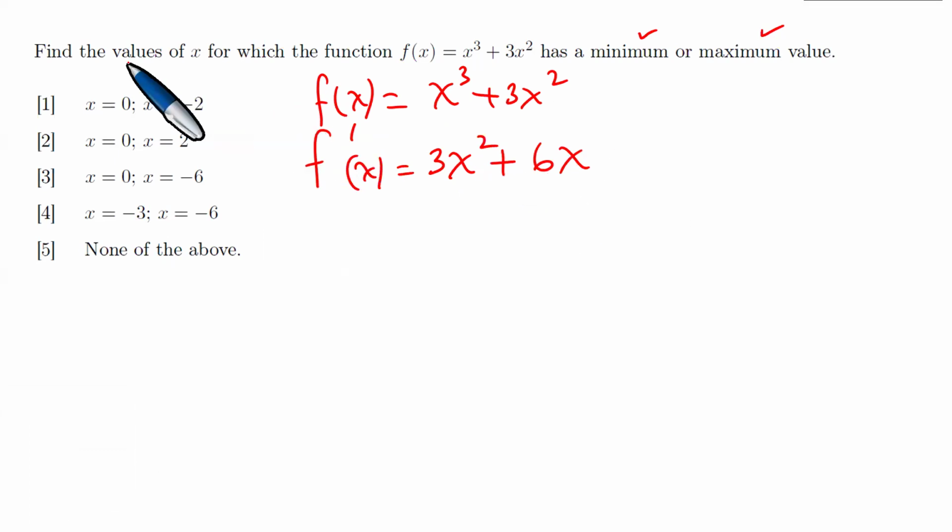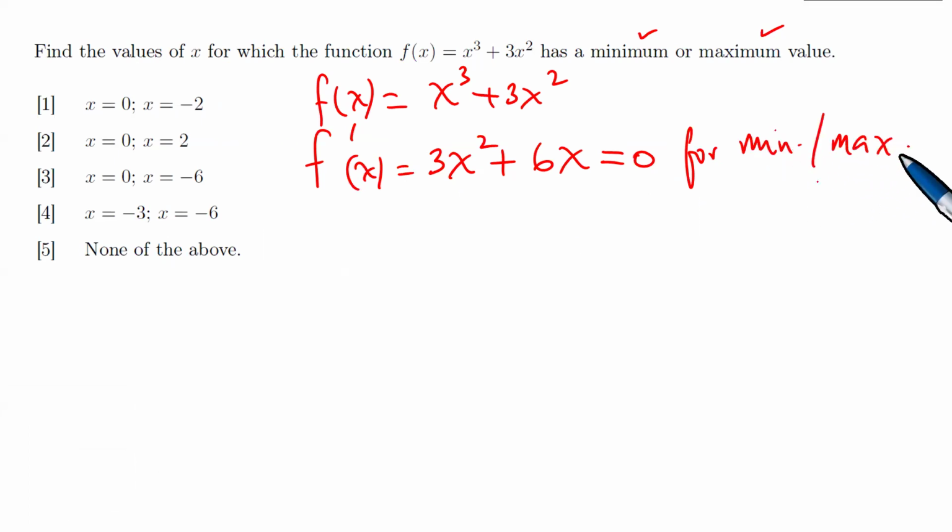Okay, so because we want to find the values of x for which this function has a minimum or maximum, we equate to 0 for the minimum or the maximum. We factor out 3x out of this. 3x equals 0, so x equals 0. 3x times x is 3x squared. 3x times 2 is 6x.